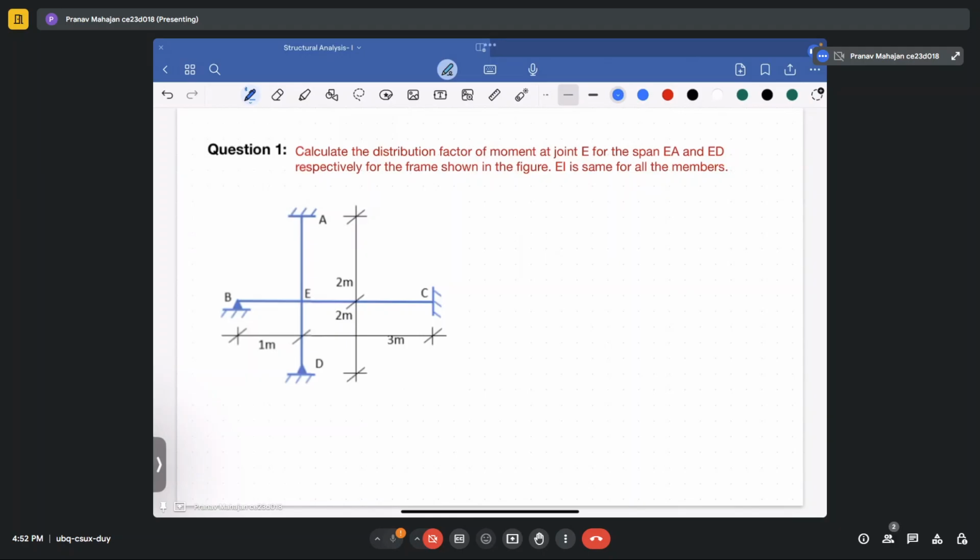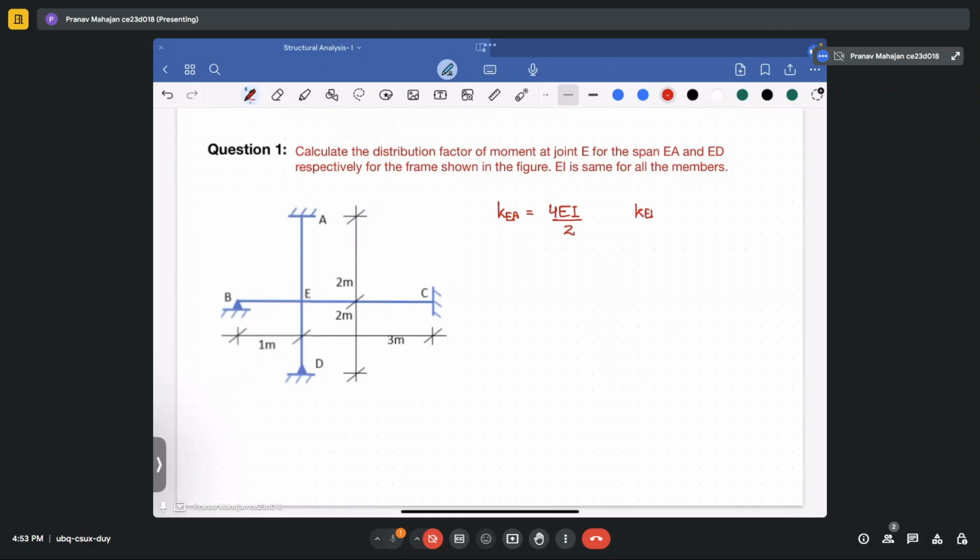So for that, we are required to calculate first what will be the absolute stiffness for that particular span. So let's write. So for span EA, KEA, since the far end is fixed, it will be 4EI upon L. So L in this case is 2. In span ED, it is hinge.